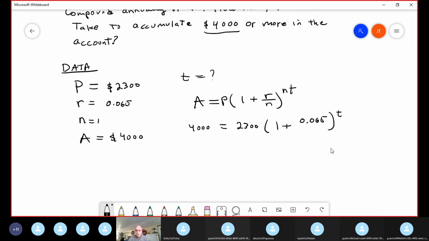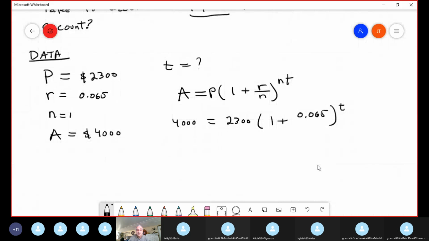I try to solve it in this way. It's obvious, guys, that we have an exponential equation. Normally we call the variable X, but in real life we have time because it's years. Now we condense it: 4,000 over 2,300 equals 1.065 to the T, because 1 plus something is 1.something.